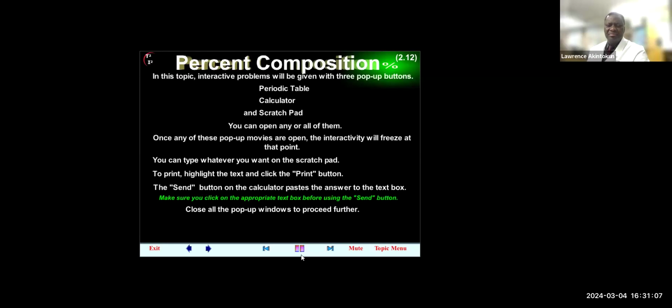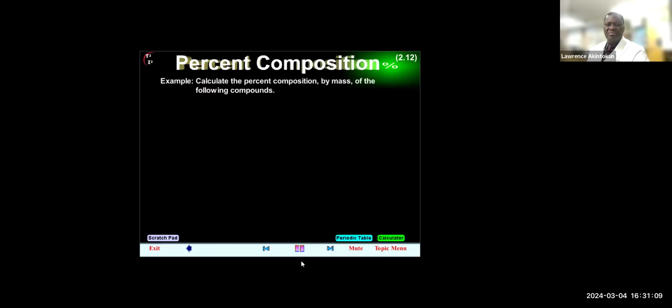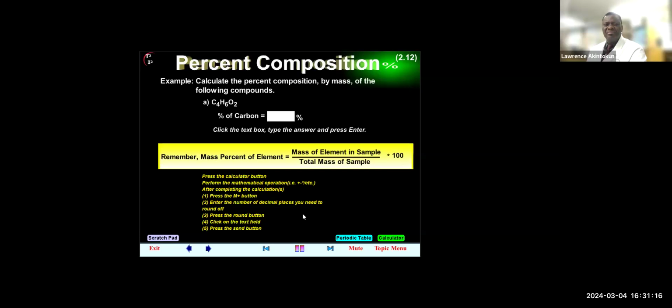Let's do some interactive activity. Example: calculate the percent composition by mass of the following compounds. A. C4H6O2. Percent of carbon equals. All right, so go ahead and solve this.